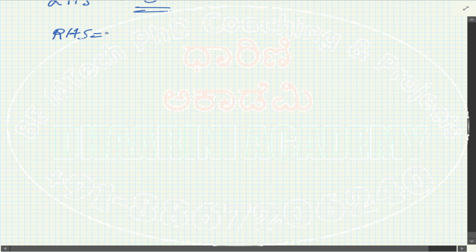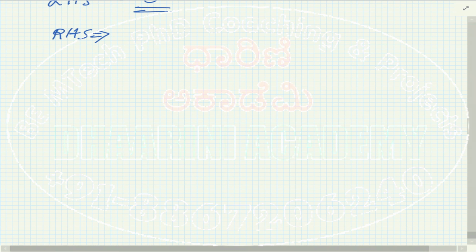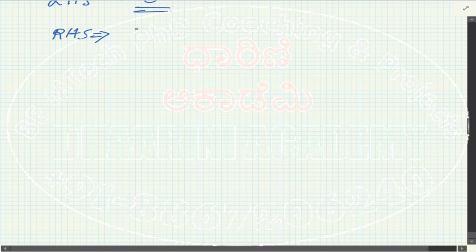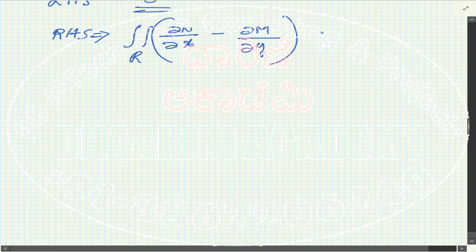The RHS term to be evaluated is the double integration over a given region R of dou n by dou x minus dou m by dou y, dx dy.